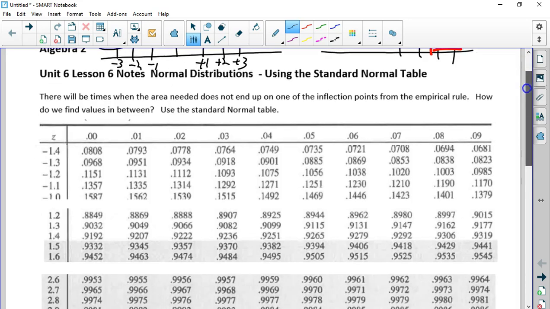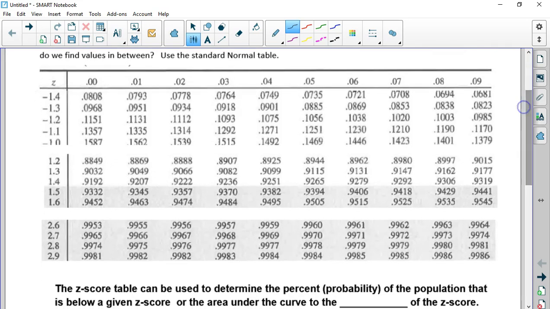Okay, so notice your z-scores here. We have -1.4, -1.3 going down this way. And then going across, we have hundredths digits. So this is the number for -1.40 and -1.43, and so forth.